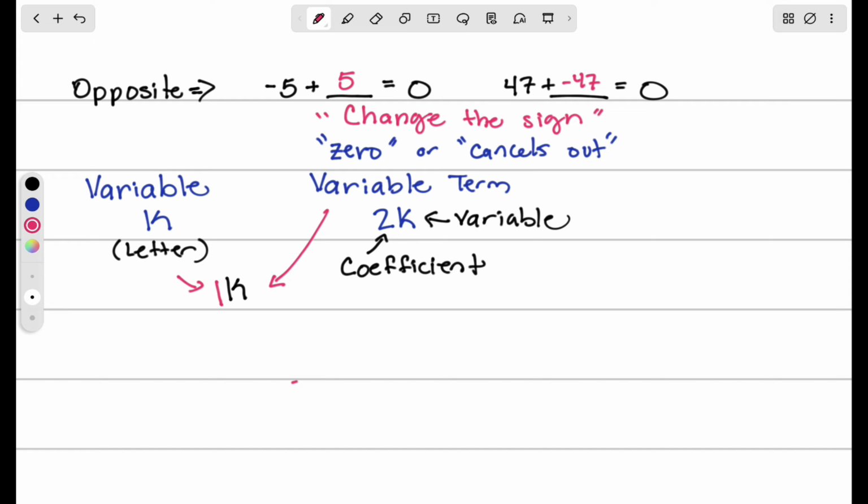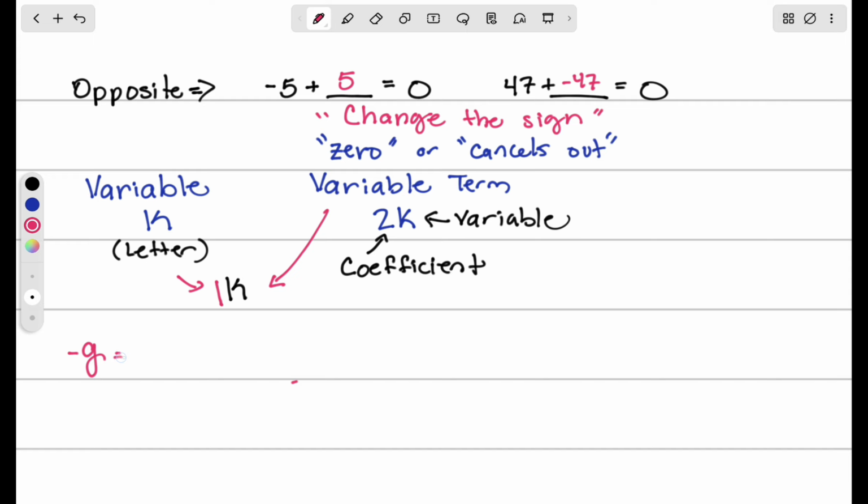Two things are true. So if I ask you for -G, this can't be a variable and a variable term. It's one or the other. Is this a variable or a variable term? Why?